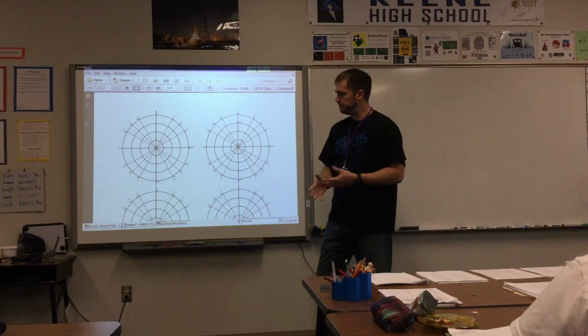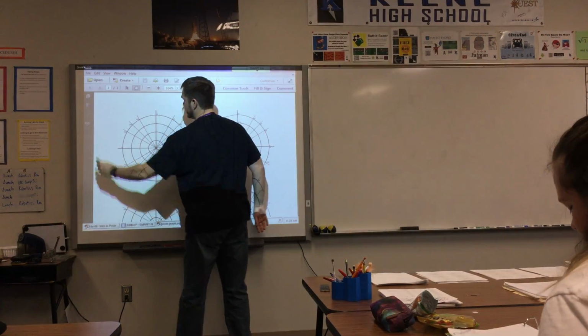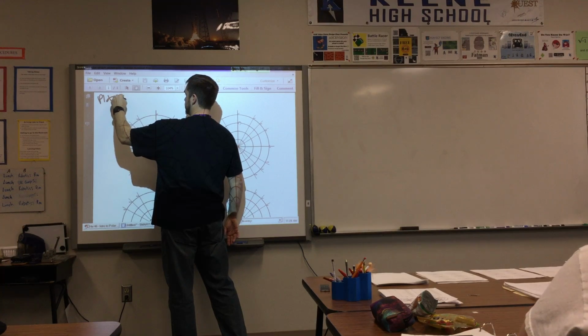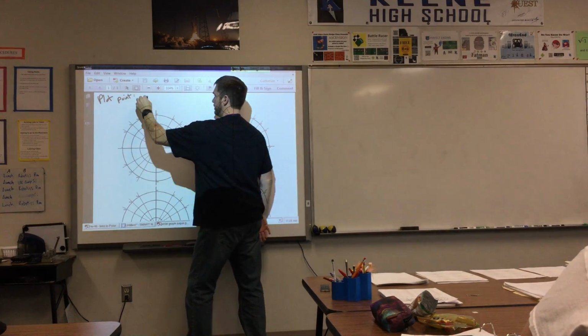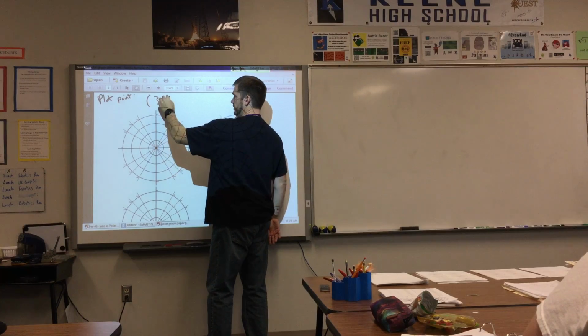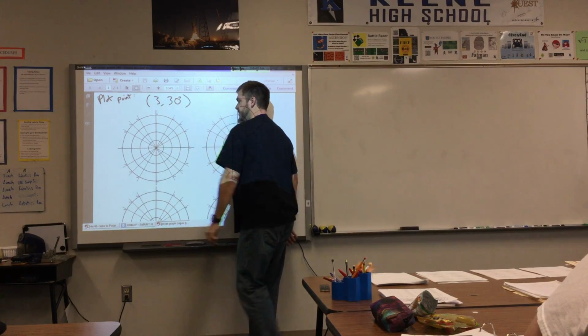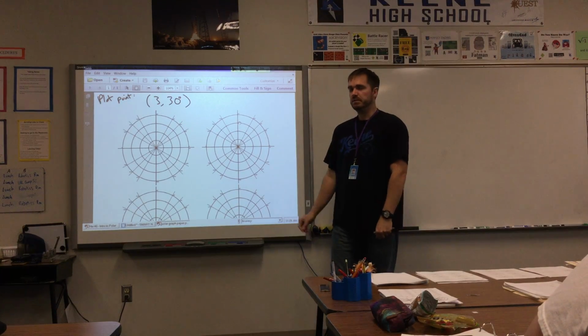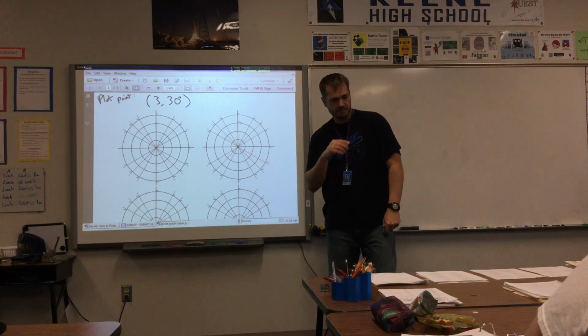Let's go ahead and start off real basic. I want you to plot the point (3, 30 degrees). Now you might need to have your tree chart out there on the side.